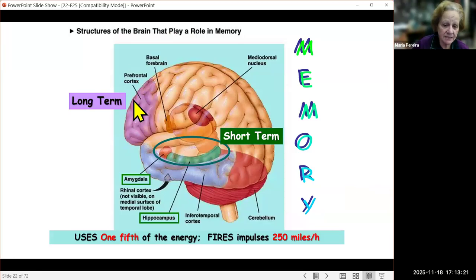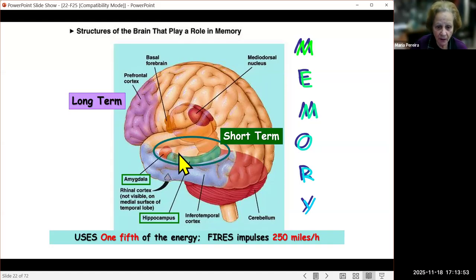Okay, so this brings us to short and long-term memory. So short-term memory resides in this area of the brain that's known as the hippocampus, because it looks like, you don't get idea here, it looks like a seahorse. It depends on the angle that you're looking at. So the hippocampus and the amygdala. Amygdala is very much dedicated to emotion.